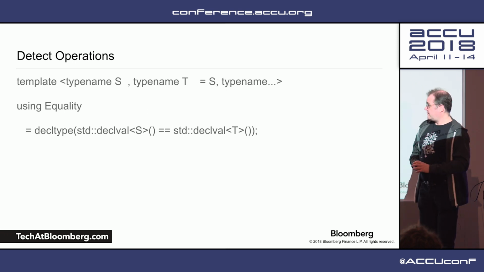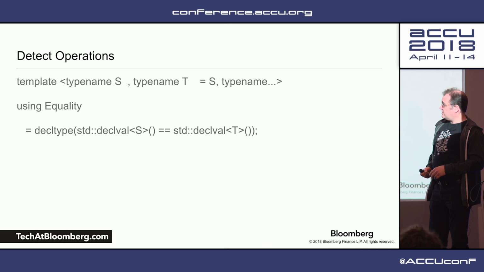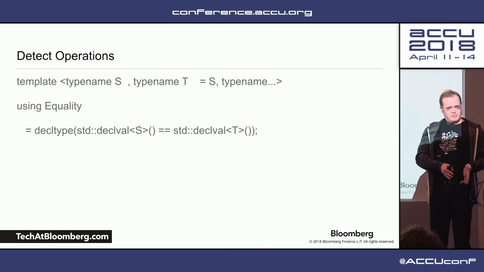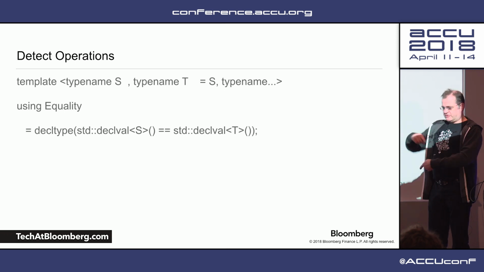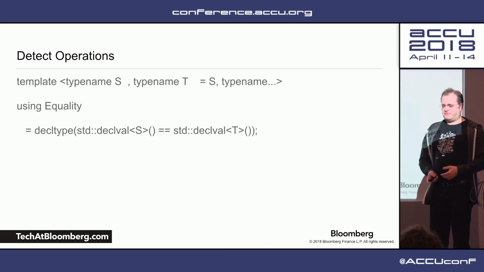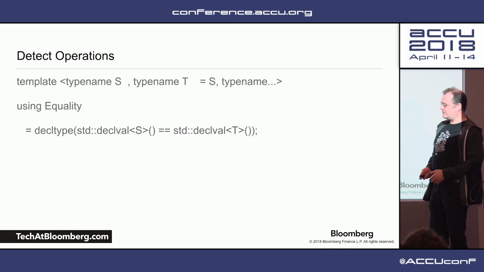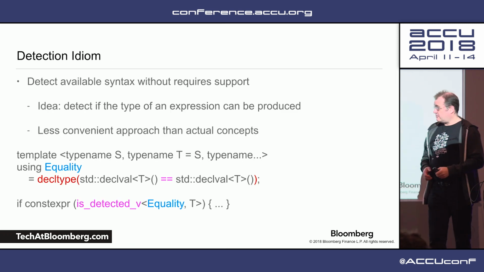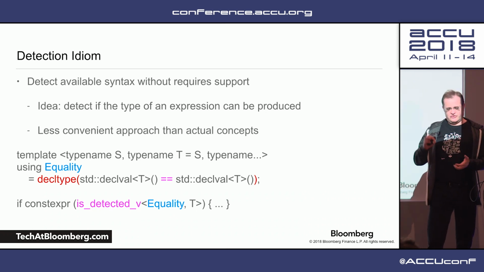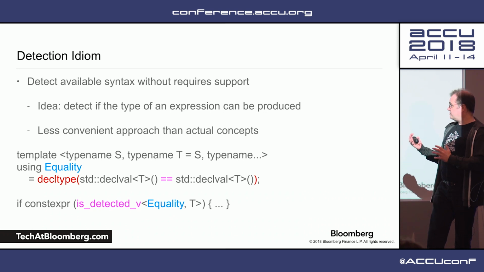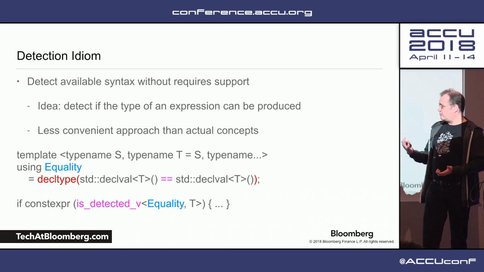Okay? So if we have that, we have a way to detect a type exists if an operation exists. So the next step is we just need to build a little bit of facility around that and use it to bundle it up. And the idea over there is actually what the detection idiom is. We basically detect available syntax based on whether the type of an expression can be produced.